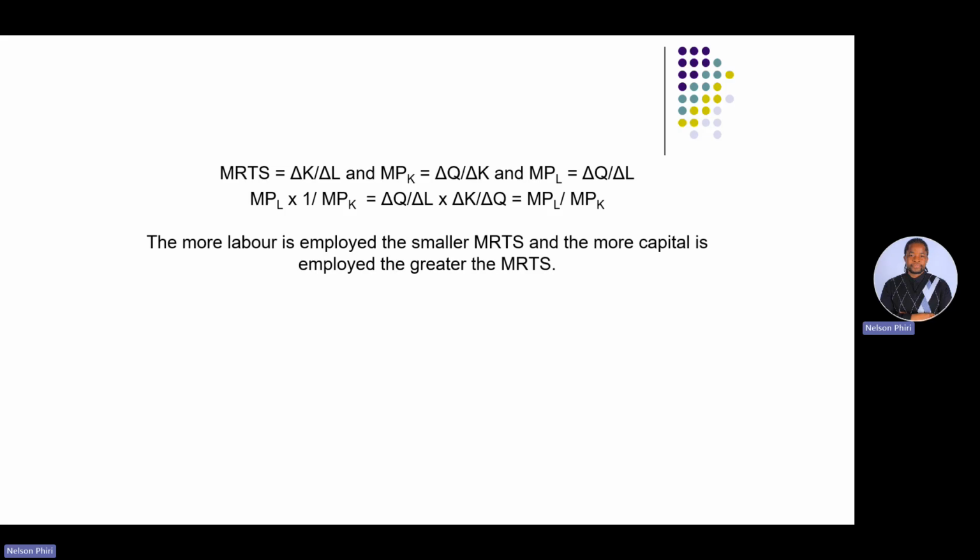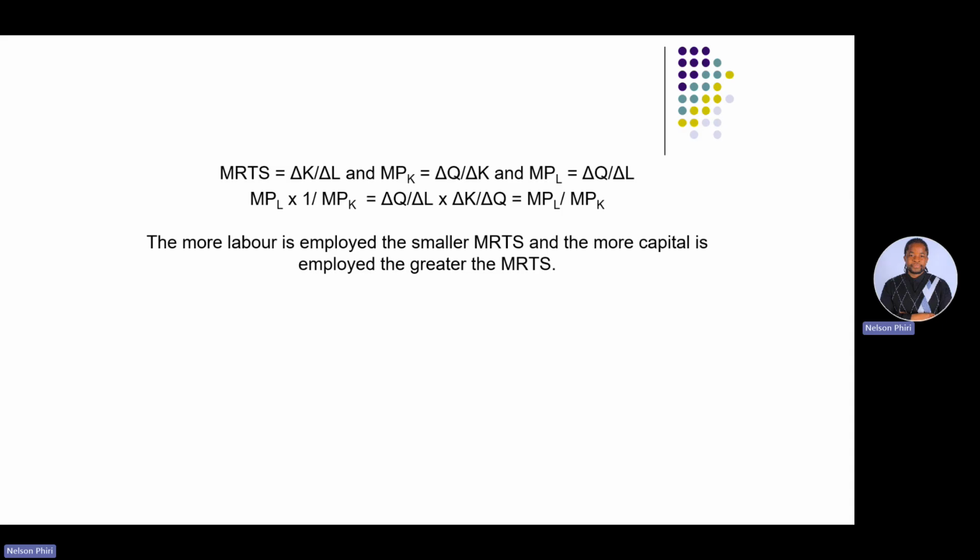So your MRTS is the slope of an isoquant because it shows us how we are able to substitute capital and labor units, how you can easily substitute one for another. So the slope of that isoquant is the MRTS that you see there, and it is defined by the equation that you see there, where your MRTS is the change in capital over the change in labor.